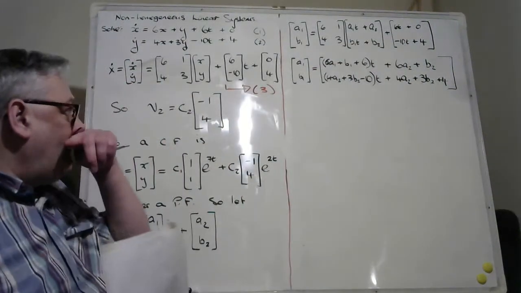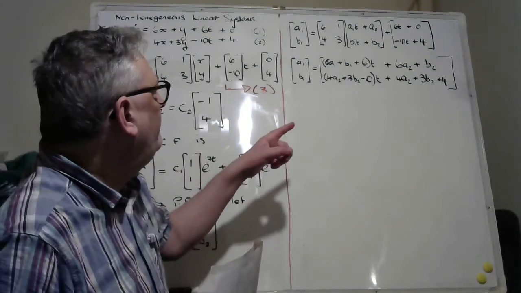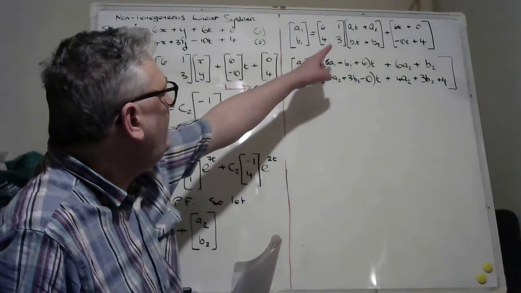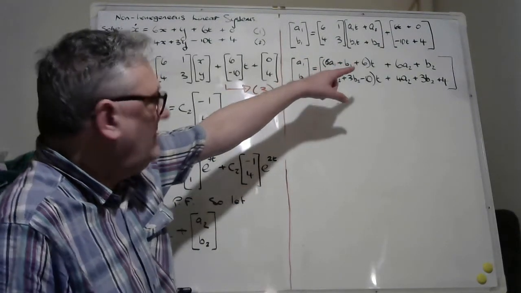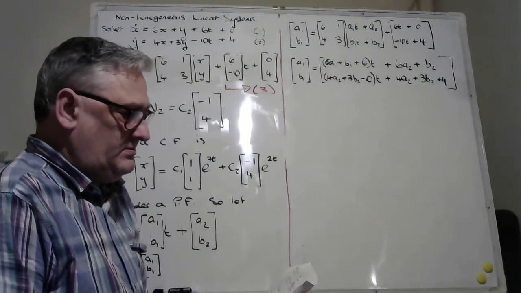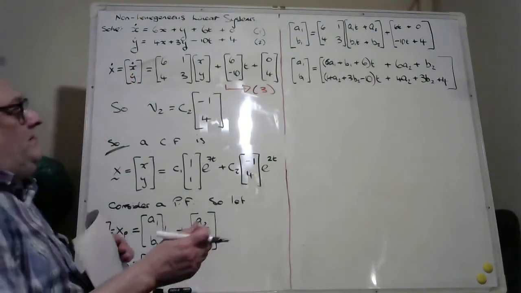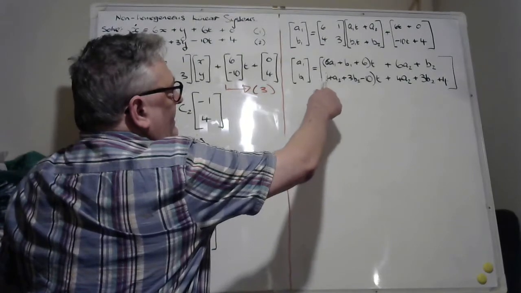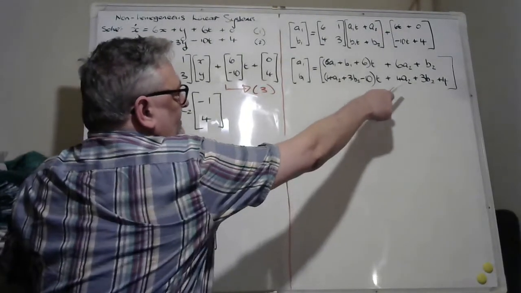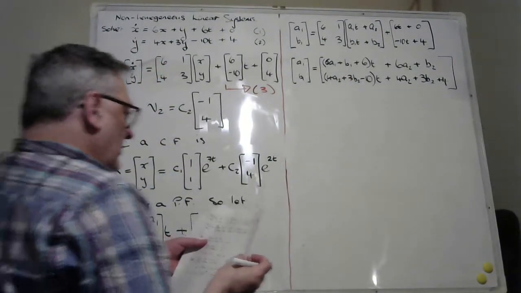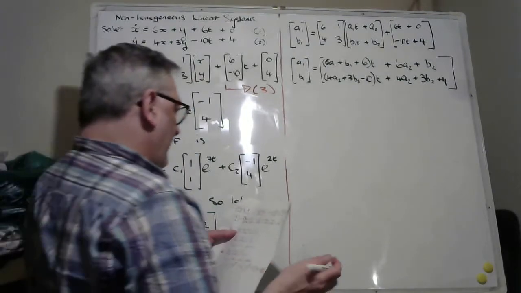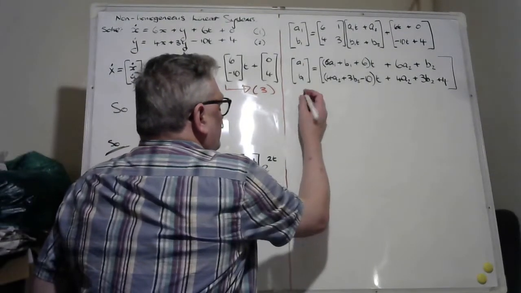So basically, multiplying everything out in those brackets and then writing what you get like this, then you can solve two sets of simultaneous equations.